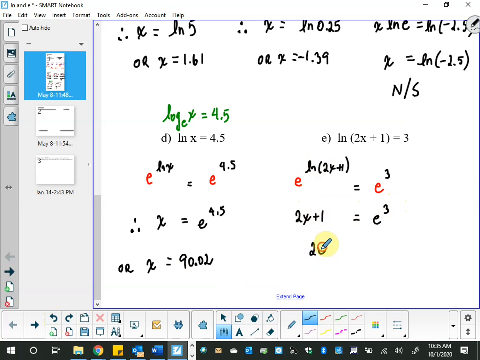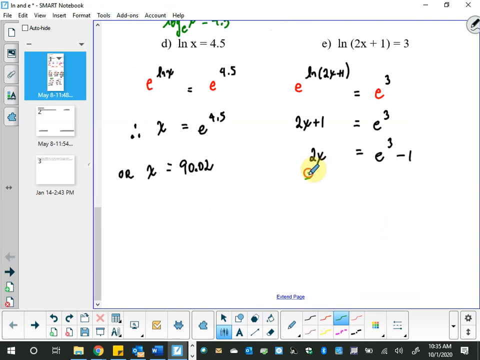I need the x by itself, so I'm going to take the 1 across the equal sign and subtract it. And then I'm going to divide both sides by 2 and end up with a therefore statement of x is equal to e to the 3 minus 1, all of it over 2. And that would be a perfectly acceptable answer at a school that doesn't let you use a calculator.